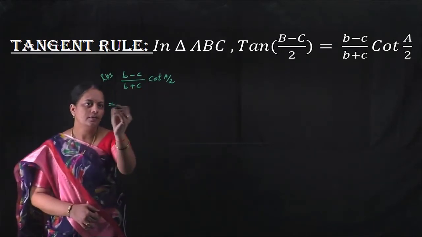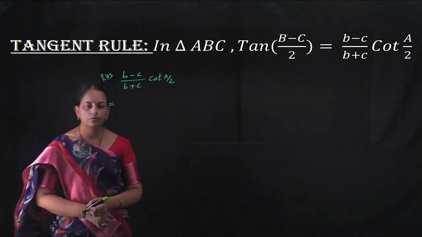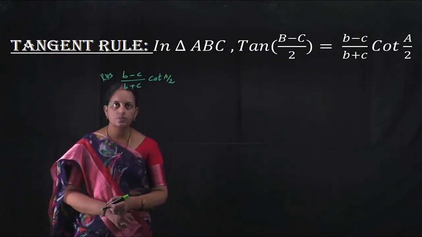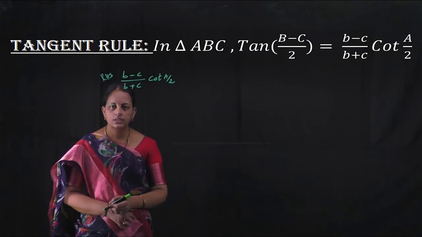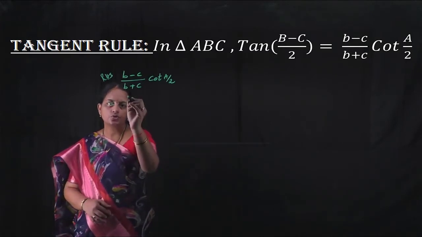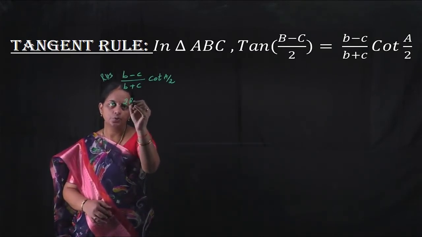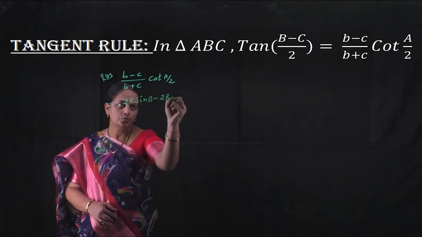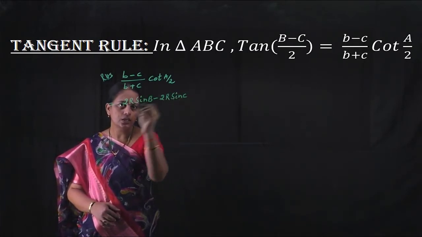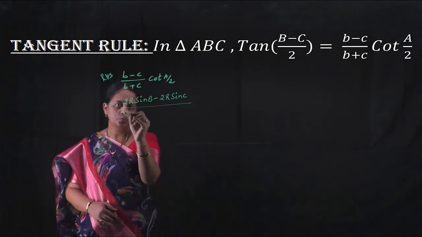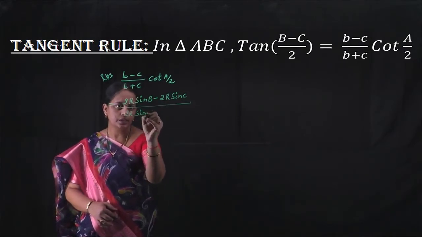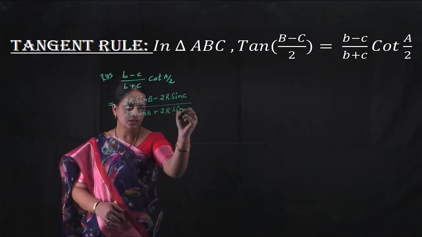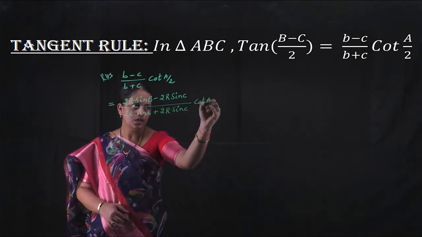From the sine rule, we know that small b equals 2R sin B and small c equals 2R sin C. By substituting those two values, we get (2R sin B minus 2R sin C) by (2R sin B plus 2R sin C) into cot A by 2.